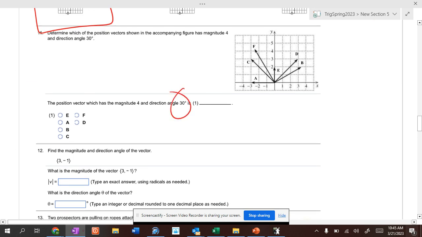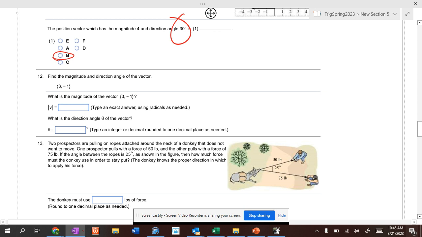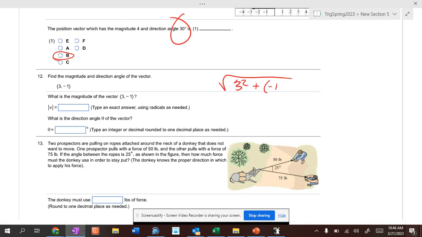Which one is 30-degree angle? Well, angle B is. Magnitude and direction of the vector. The magnitude, you take 3 squared and negative 1 squared, which is 9 plus 1, or the square root of 10. Find the direction. It's the inverse tangent of... Now, you have to use positive numbers here. And it's going to be y over x. So 1 over 3. What's the inverse tangent of 1/3?